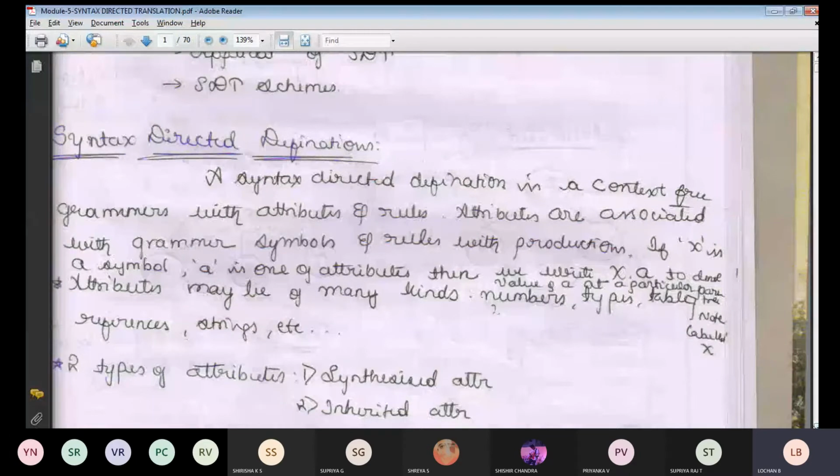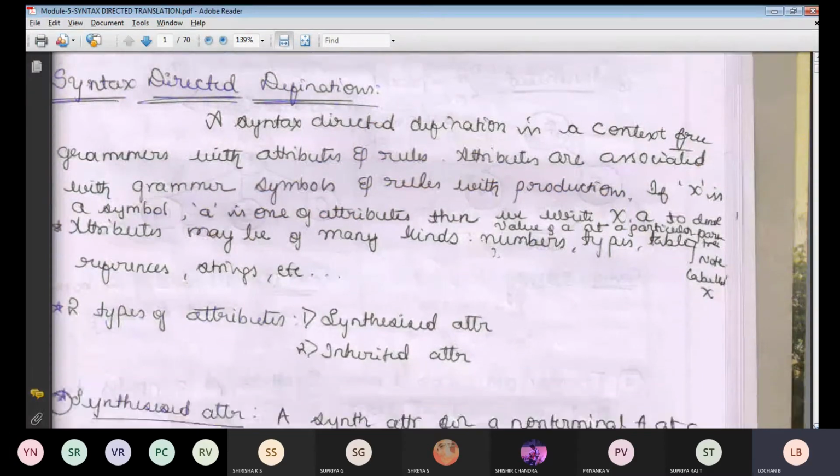As in the grammar definition, P is a production, which is a set of rules: how we simplify, how we solve the problem, how we apply the rules. Everything comes under your rule part. In your attributes you can have numbers, types, tables, references, strings, etc.